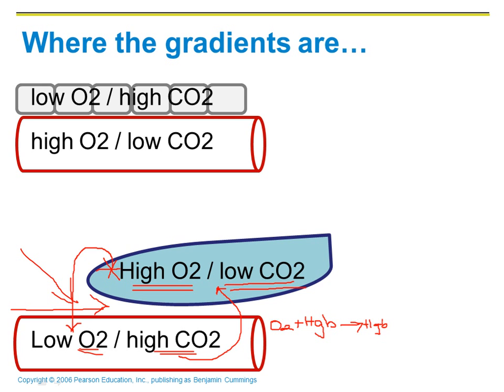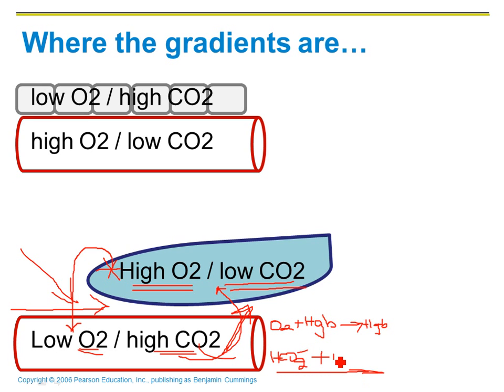Carbon dioxide here, once it starts to diffuse, some of it was just in the plasma, so it just diffuses over. Most of it actually was bound up in HCO3- here. Well, what happens in the blood here, because we're always getting rid of CO2, we drive this chemical reaction this way.